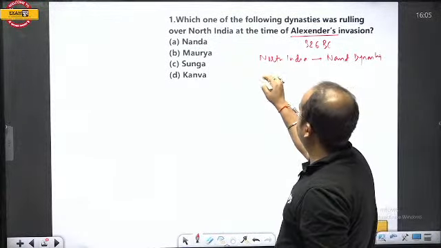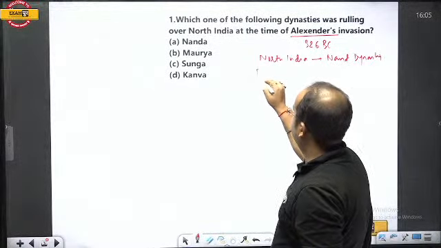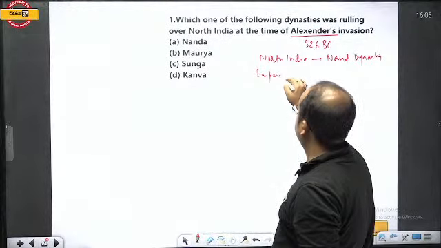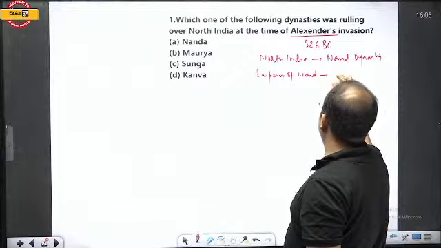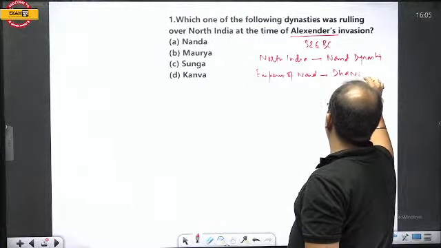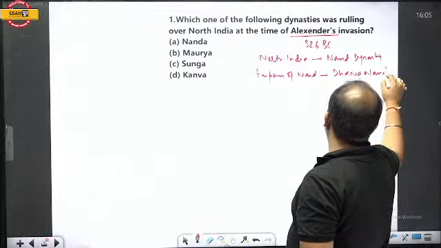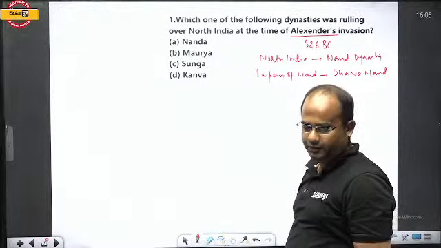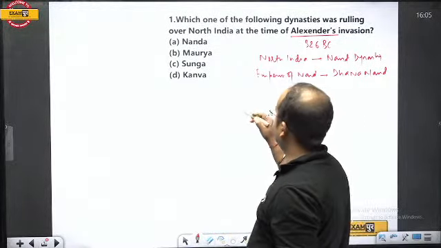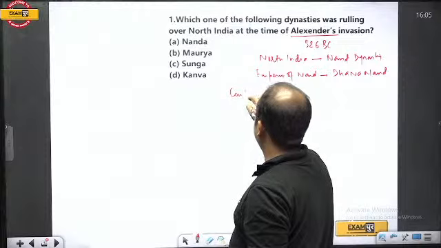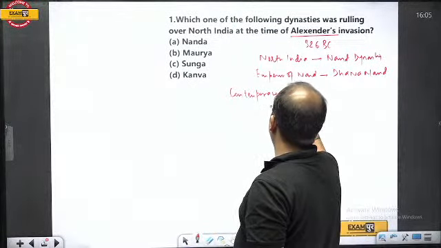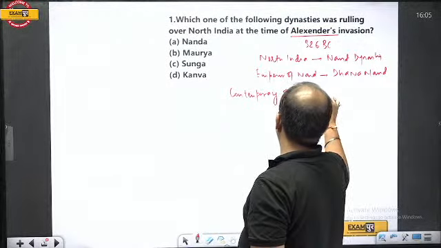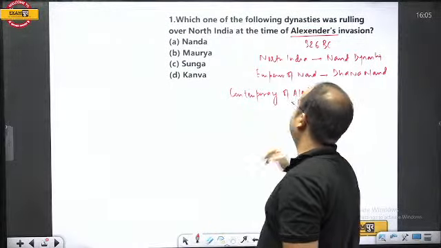And the king or the emperor of the Nand dynasty was Dhananand. He was the contemporary of Alexander. So Dhananand is considered as a contemporary of Alexander.